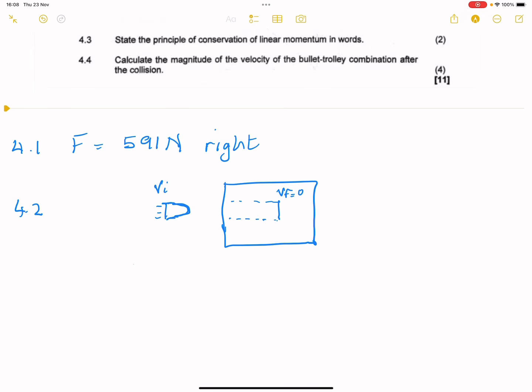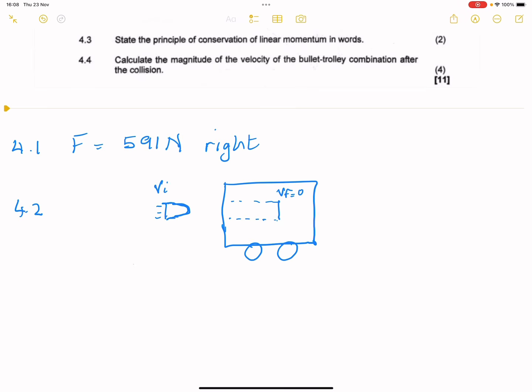The issue that I had with this question is that you have to ignore the fact that as the bullet entered the trolley, it started changing the velocity of the trolley, and just focus on the bullet on its own, as though it was moving on its own.